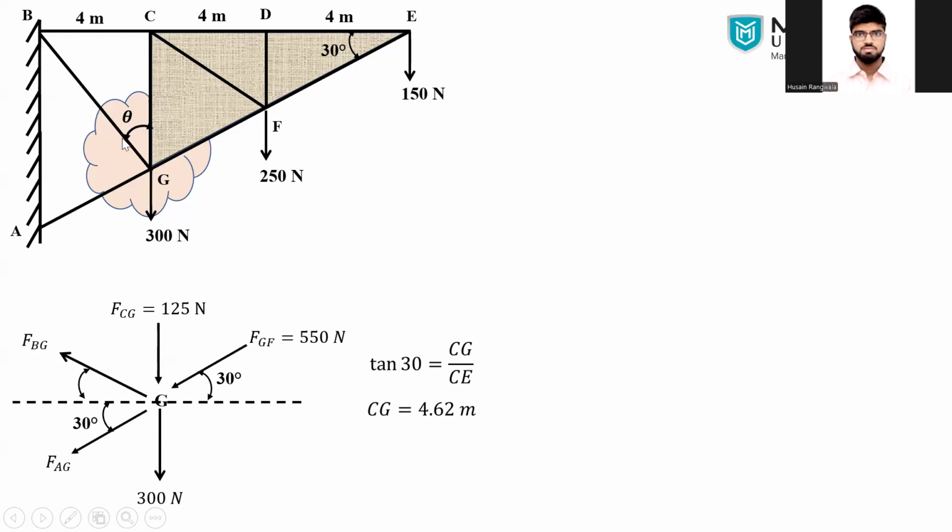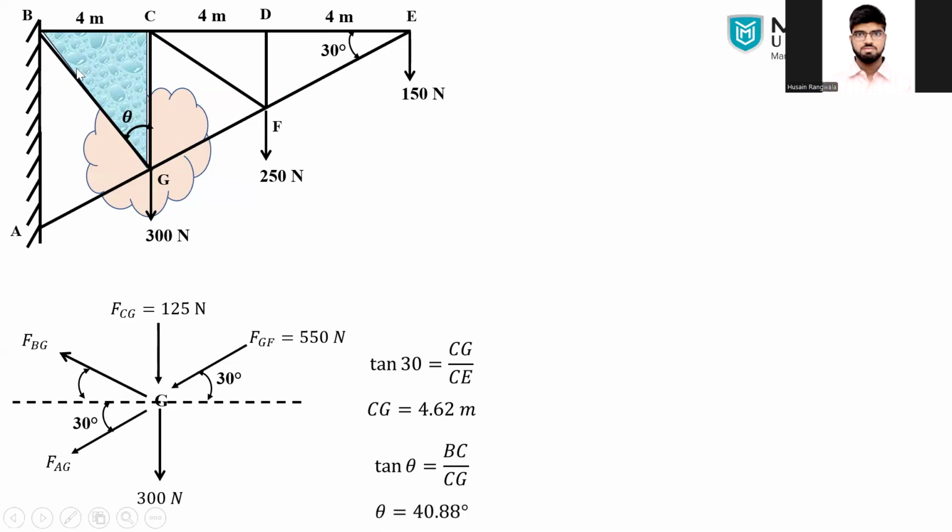Now, to find this theta, I will consider this triangle, BCG, highlighted over here. In that, applying tan theta, that is BC divided by BG. We have found this CG, so what remains is to find the theta. That will be 40.88 degree.